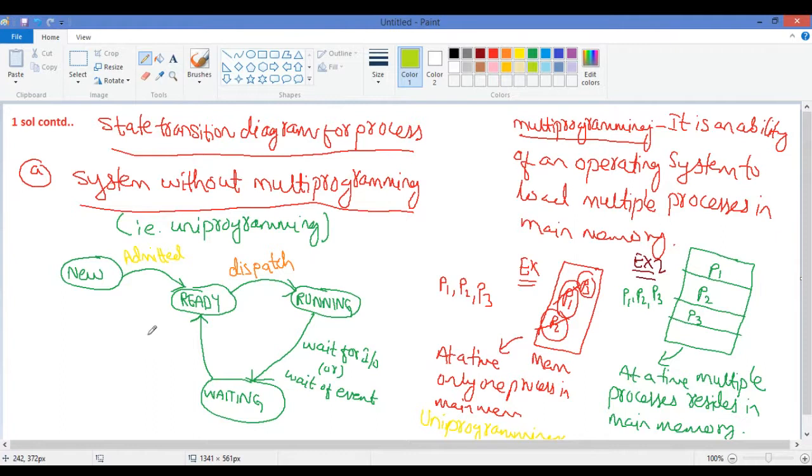Then what is the transition name? See, either it is waiting for some IO, which means this is IO completion, so maybe IO is completed.